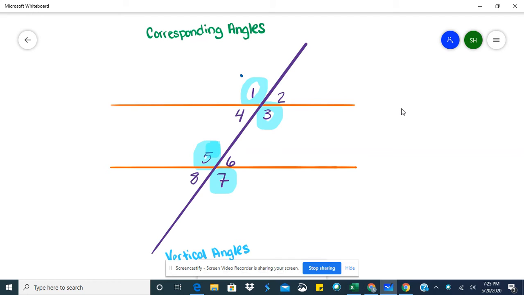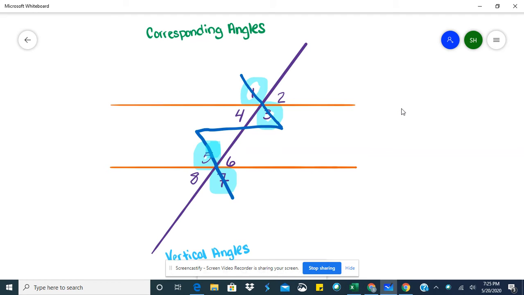I crossed over the line once, so then I need to do so again. So then it's going to go from angle 3 across the line again to angle 5, through angle 5 and through angle 7. Every time I go from one angle to the next, I need to cross over the line. So those are our 4 corresponding angles.